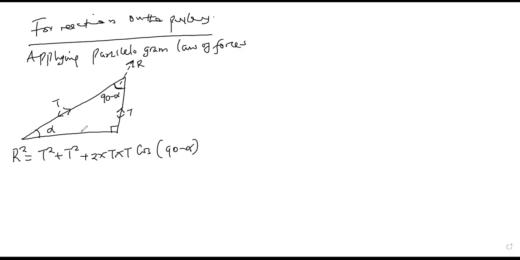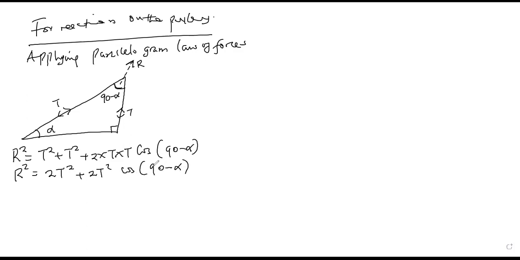Since we know the expansion of cos, it is going to be easier for us, so we shall have R squared as 2T squared plus 2T squared cos 90 minus alpha.